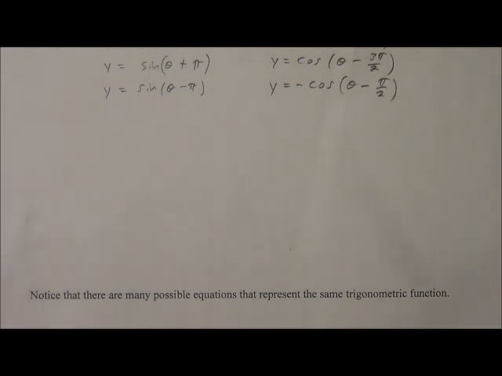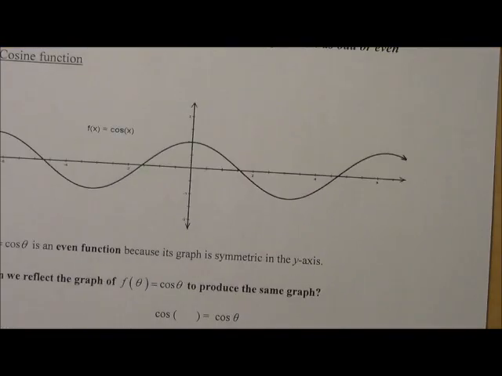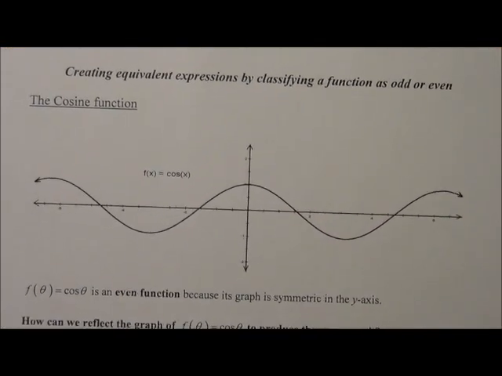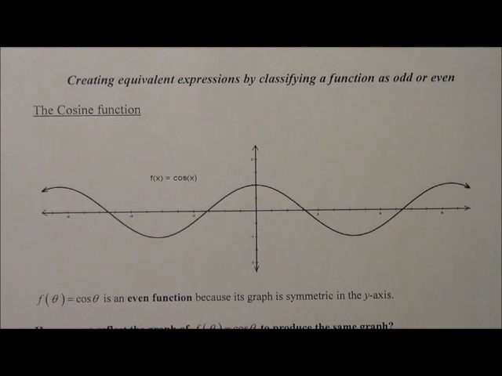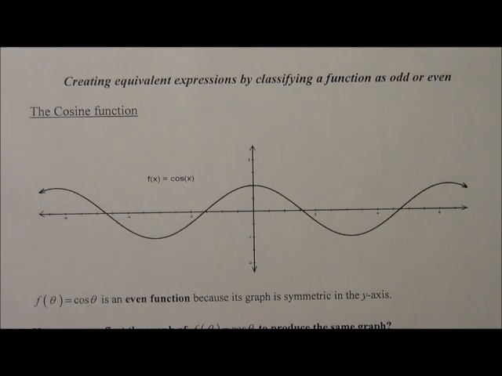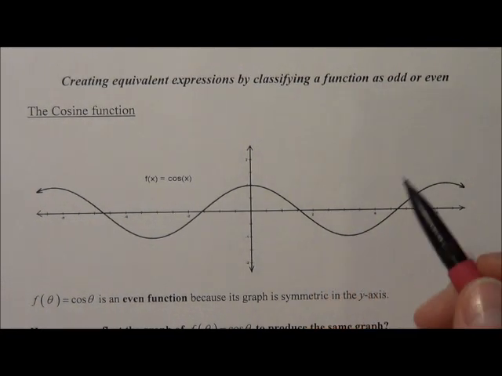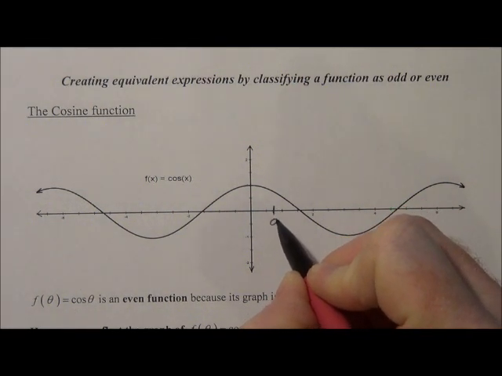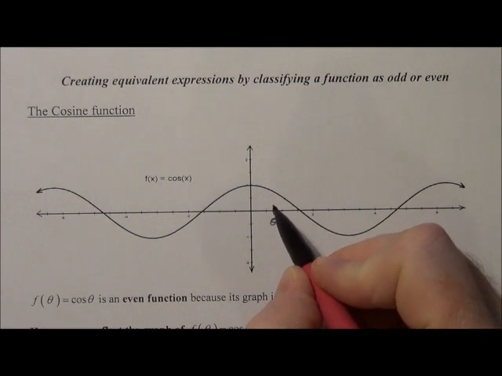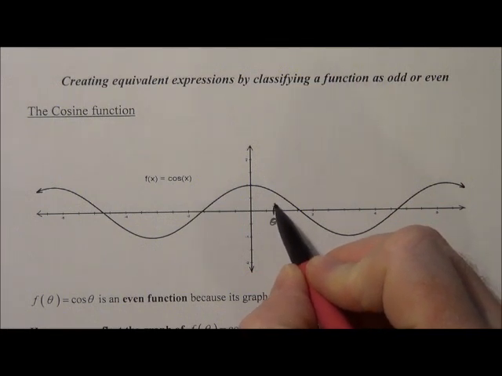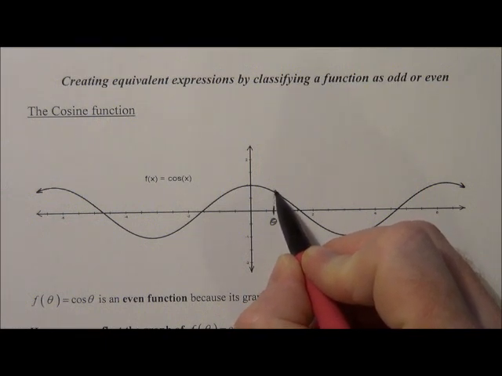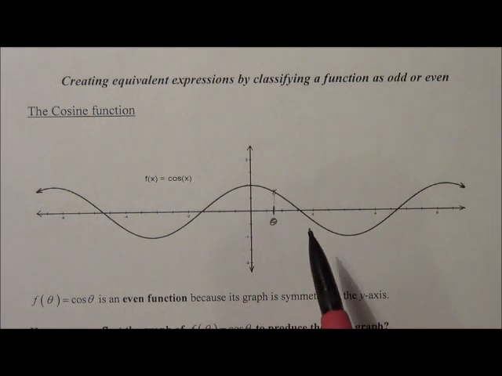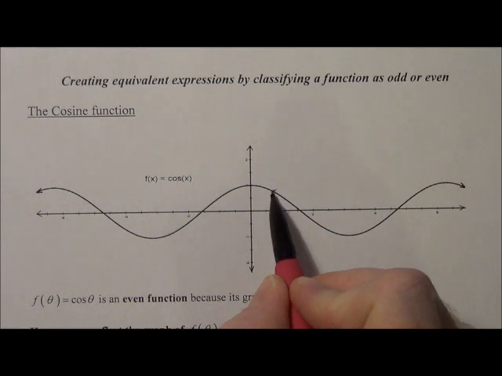Okay, so now let's continue looking at these equivalent trigonometric functions. Suppose we choose some value of theta. Suppose we got some theta value here. Don't know what that is, but we see that if we go directly vertical until it hits the cosine curve, it has a certain value of y.